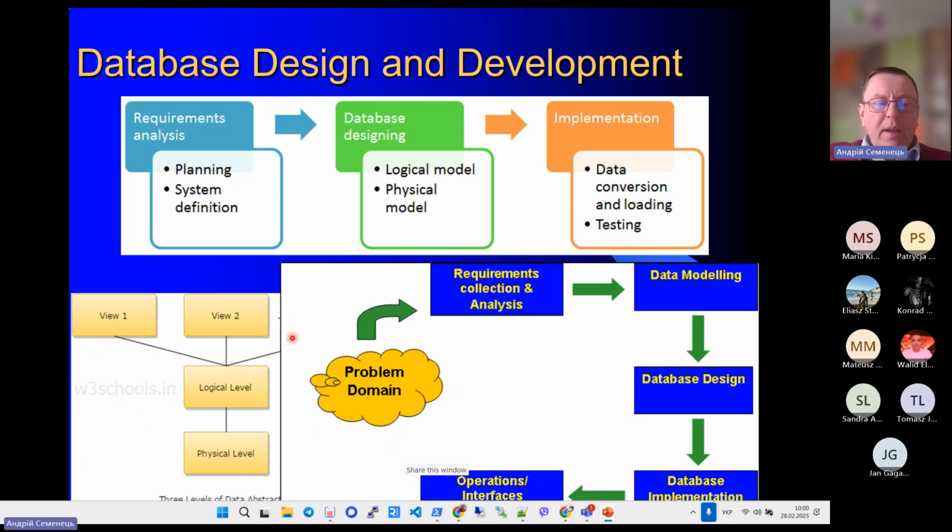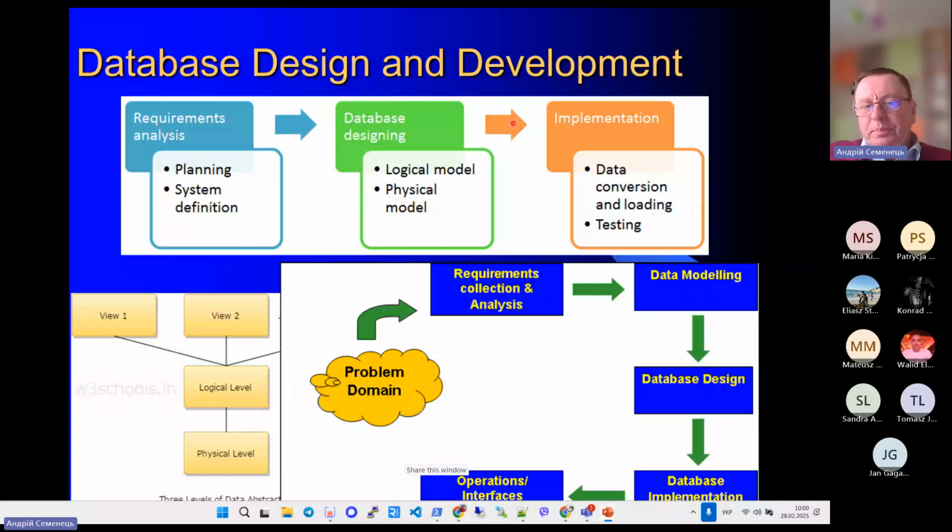Because we could have many views: different users of different roles will want their own representation of information in the database, so they will have a different view, a different representation of our data. And then we decide about the physical model. Actually, we decide about the DBMS, which will provide some specific physical model of data storage.